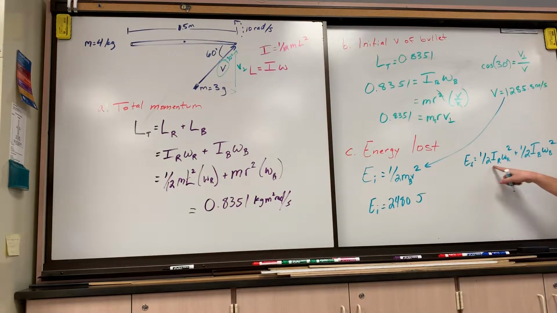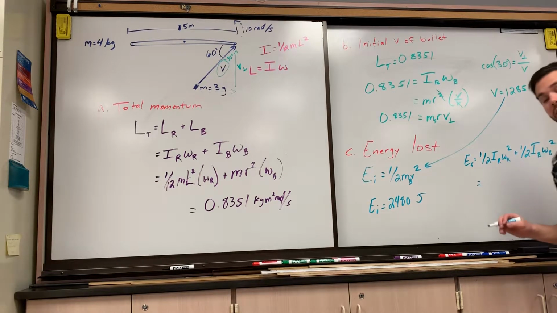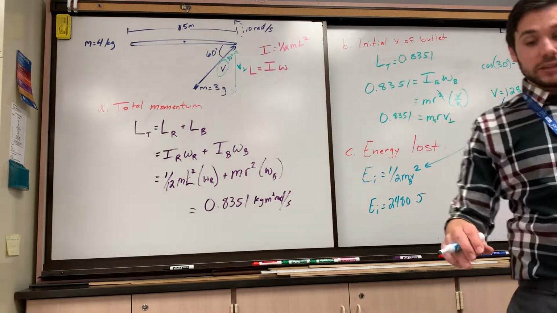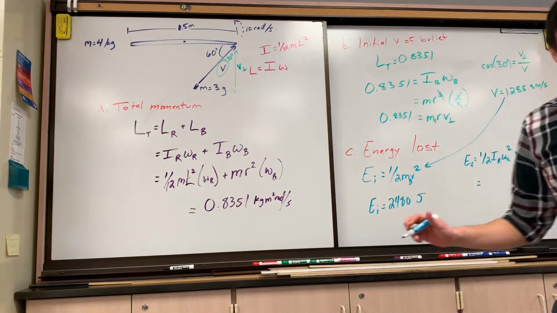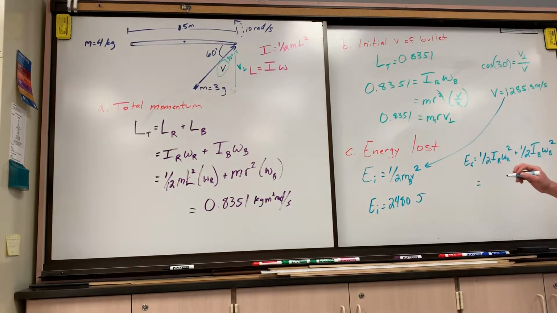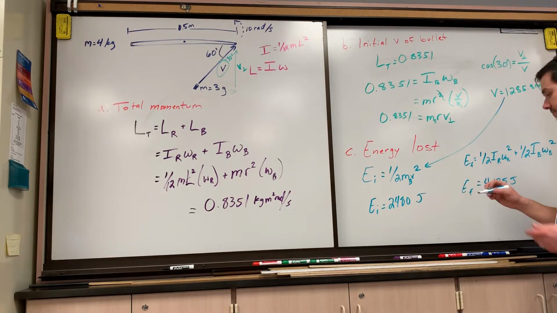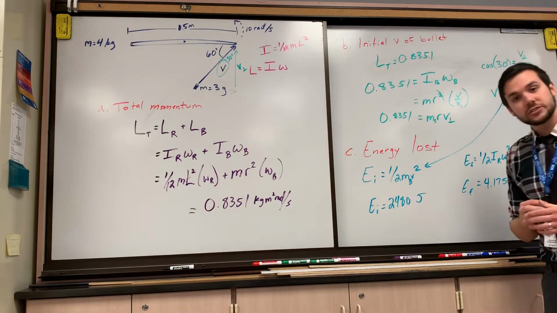And so what we end up doing is just plugging our values in, and we actually get an extremely small value for this, about 4.175 joules. To find the energy lost, you would just subtract the final from the initial to get your answer there.